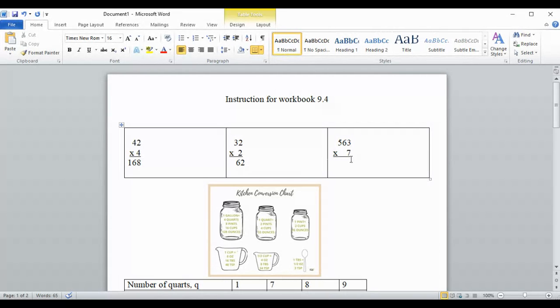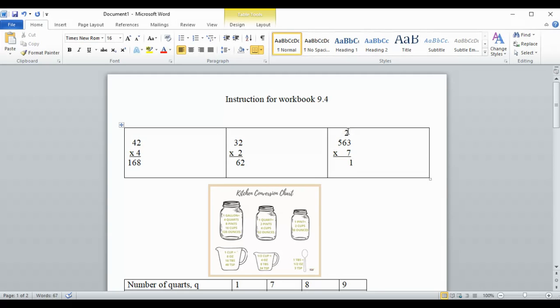All right, we're strictly going to multiply here, starting with the ones column. So we have 7 times 3, and 7 times 3 is 21. So we're going to write down the 1.